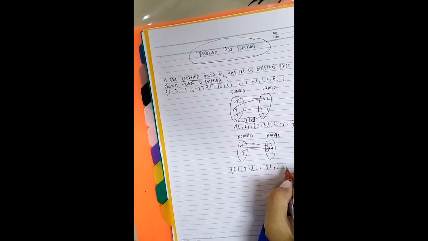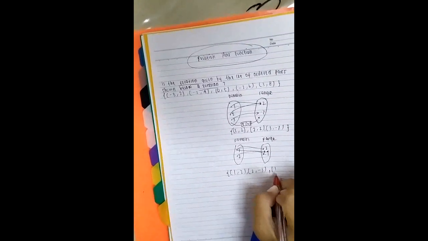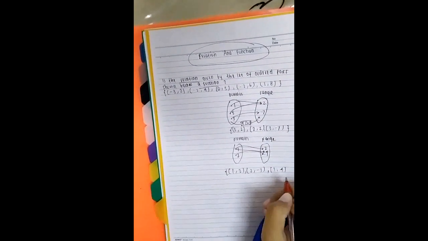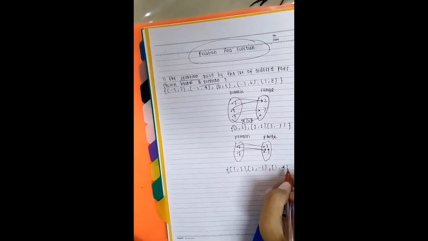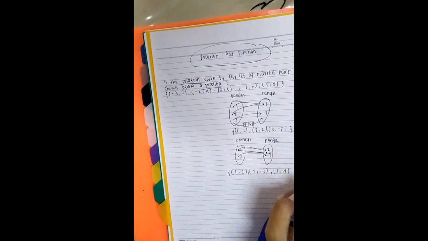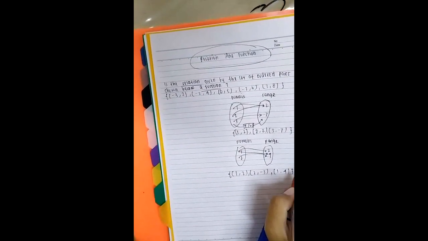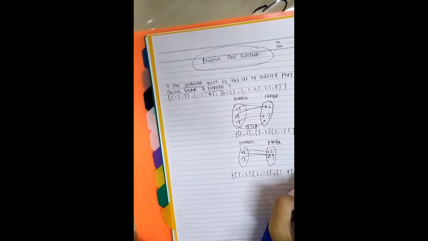So we have the ordered pair 1, 4. Now this is a relationship. It is definitely a relation.